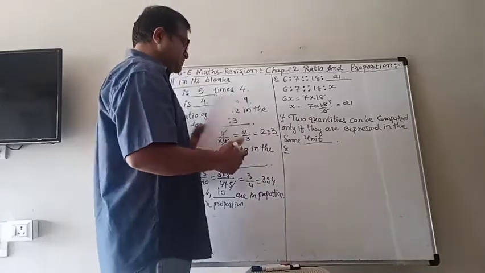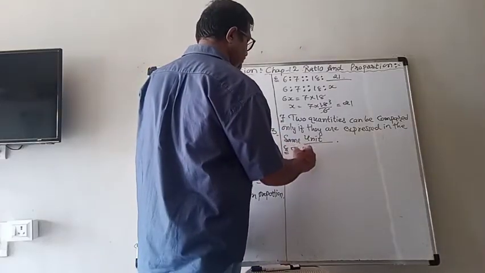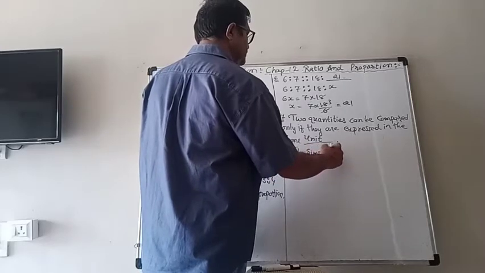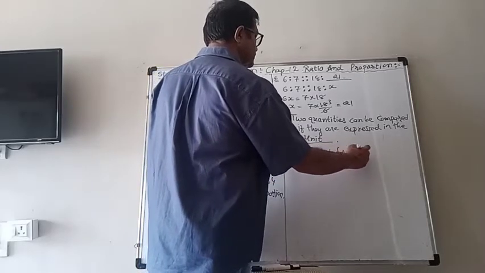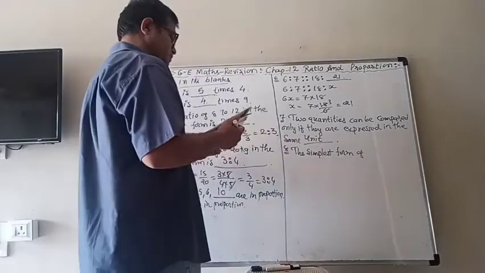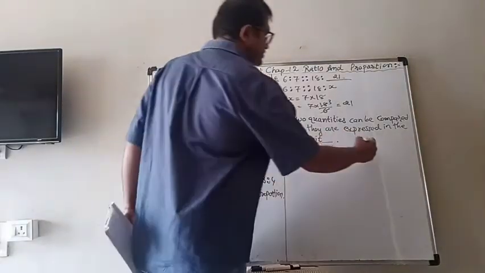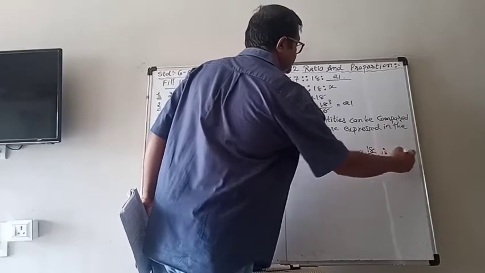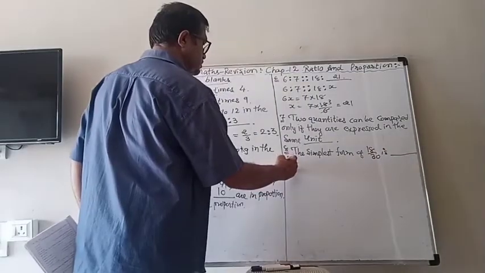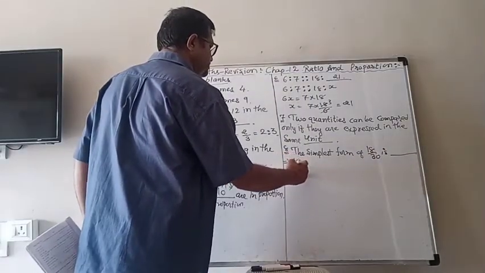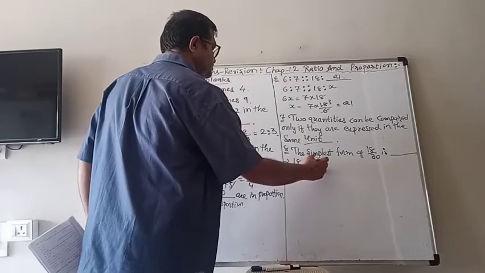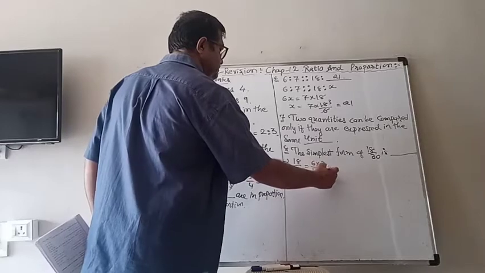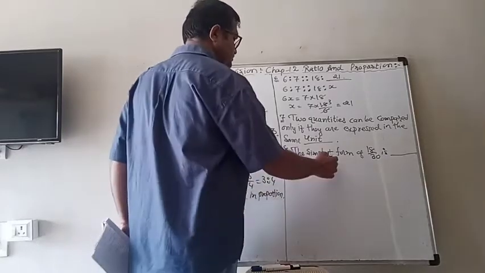Next, the simplest form of 18/30 is blank. So now 18/30, 6 3s are 18, 10 3s are 30.